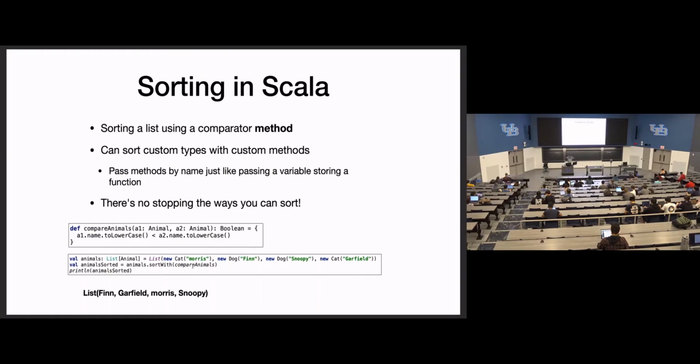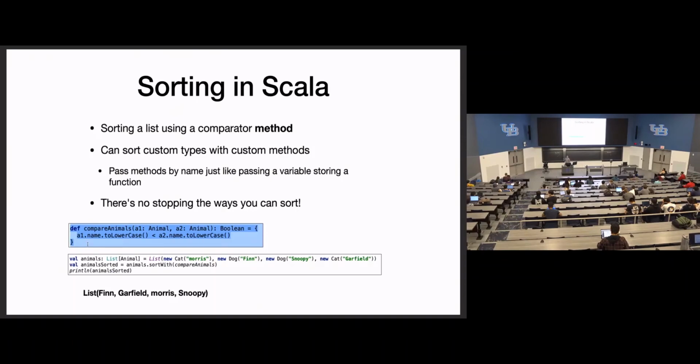And there's no stopping you. You can sort anything. Once this is a method, I'll have an example in, I think, next lecture, maybe Friday. Since this is a method, we can also have it depend on the state of the object where this method's defined. So we can actually have this depend on some state. It can be immutable state, as we'll see.